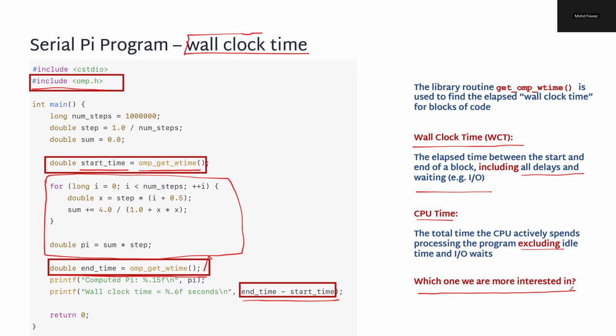I think it will be wall clock time. Do you know the reason? Because if something went wrong, we need to know the time, including the delays and waiting. Yes, but probably a bit more specifically, in parallel computing, we know that we need to send data back and forth, right?